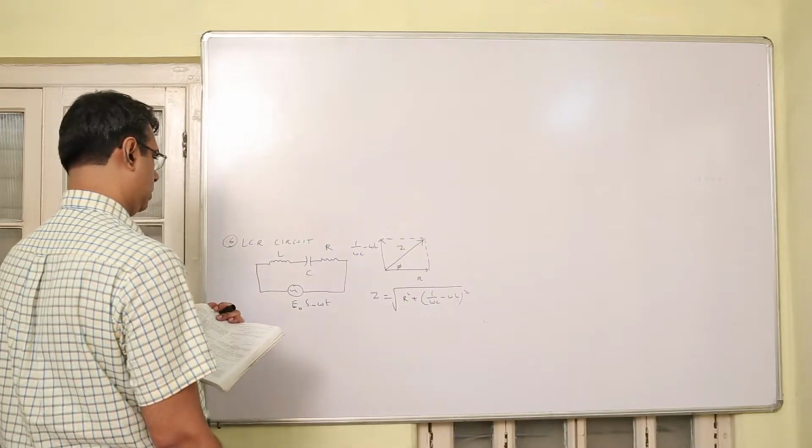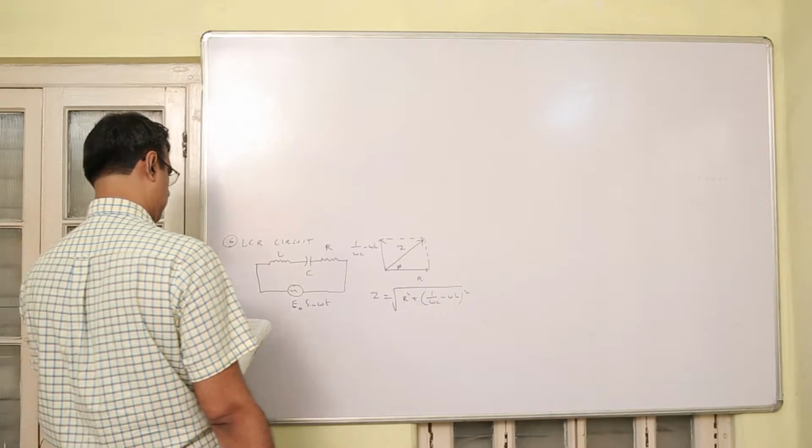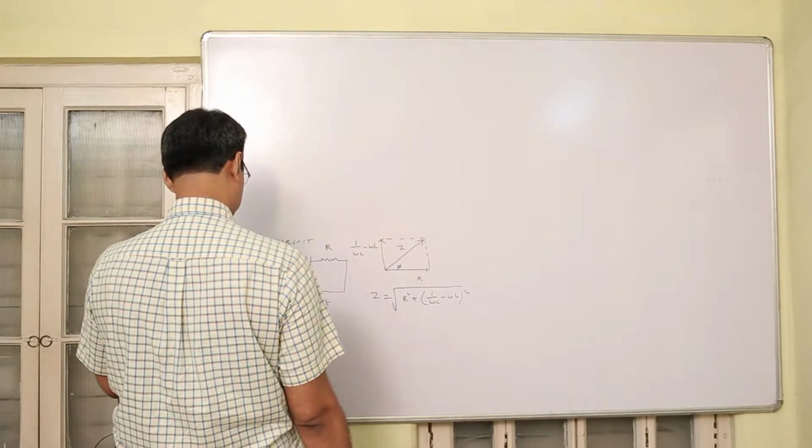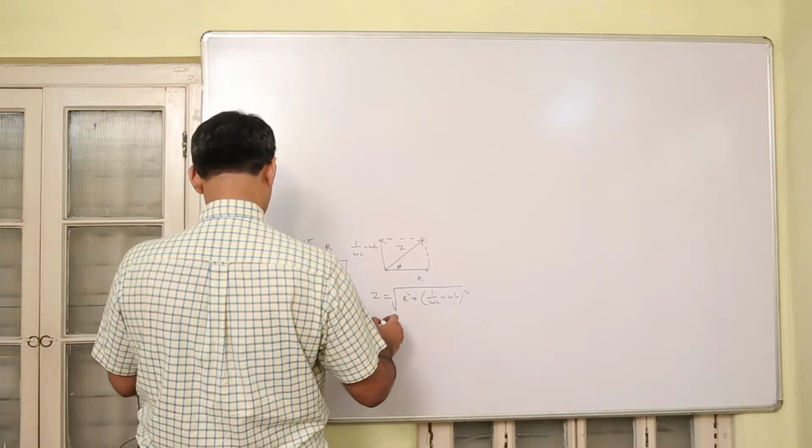So Z is equal to root over R square plus 1 by omega C minus omega L whole square.